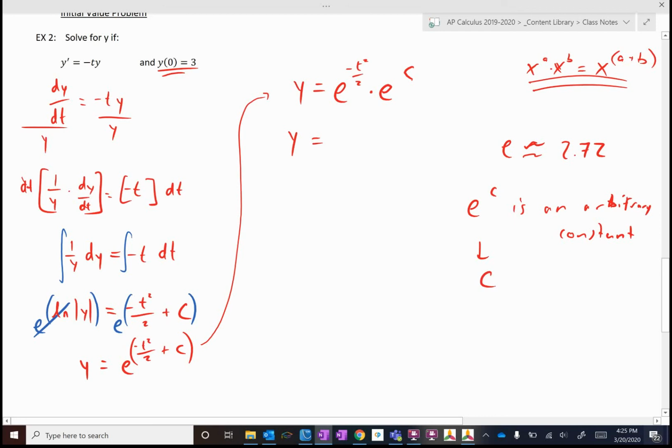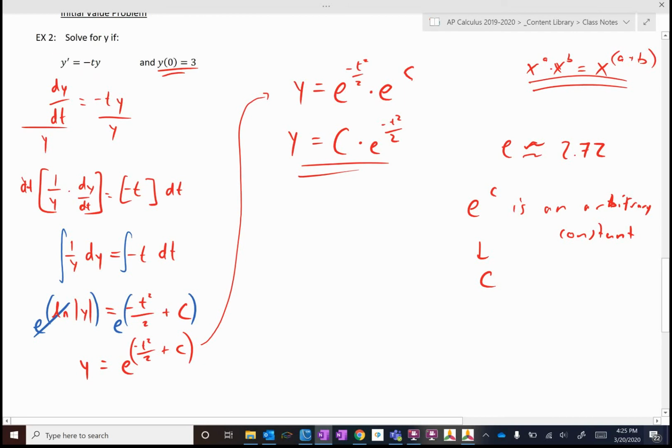C is just any arbitrary constant, and e to the c would be equal to whatever constant I want it to be as well. So I can really write this as just c times e to the negative t squared over 2 power. So here is our general solution to the differential equation, but we were given a little bit extra.